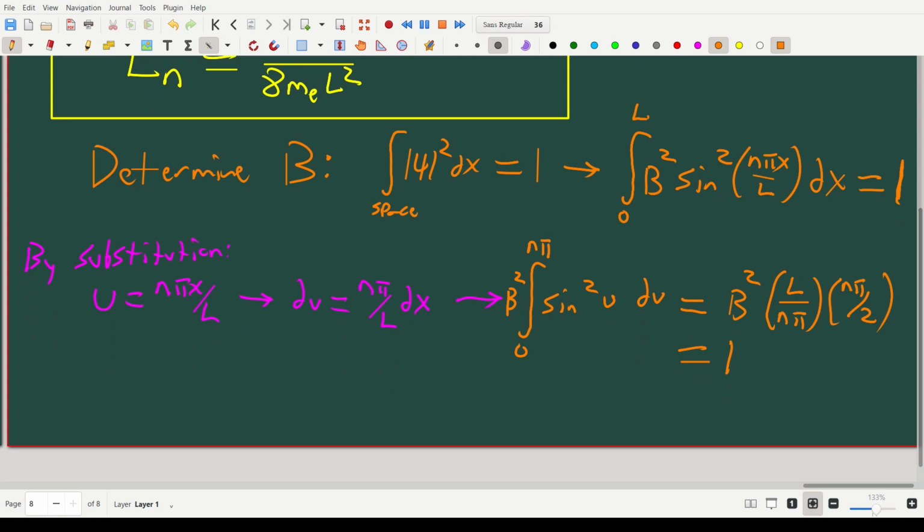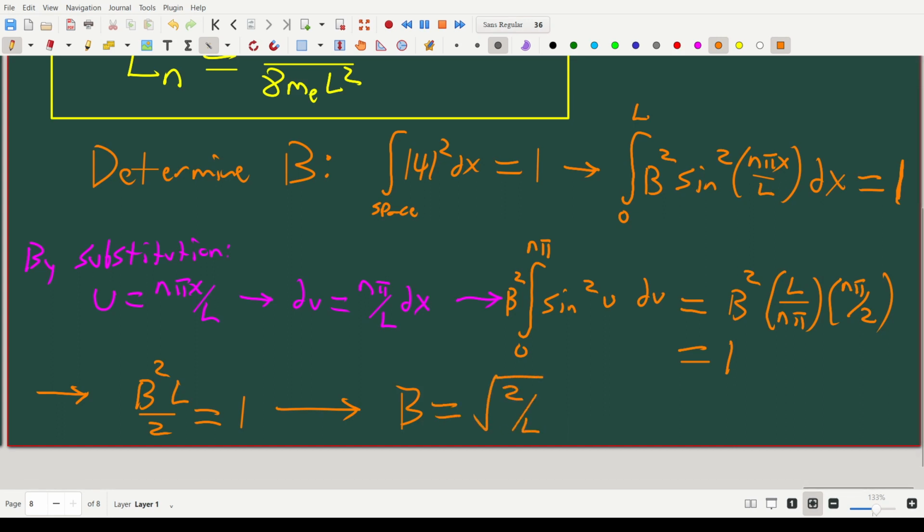And so that means that we're just doing some algebra, some simplification, that b squared L over 2 is equal to 1, which means that b is equal to the square root of 2 over L. Okay? Simple as that. That's our normalization constant, right?